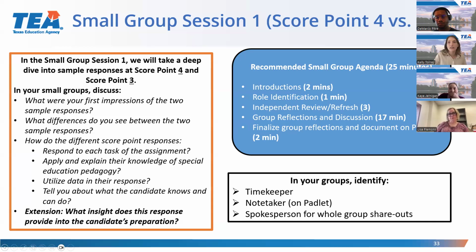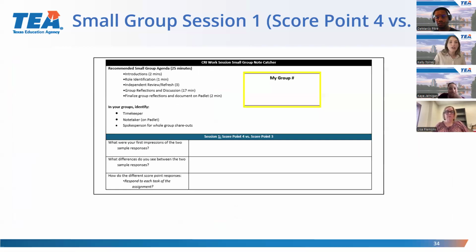All right. Again, on your participants guide, you do have the agenda here for you. So I know that was in the slide, but you have it for your reference here, sort of recommended time. So do spend, maybe after you introduce yourself and identify those roles, 2 to 3 minutes refreshing your review of the sample response 4 and 3, just a few minutes doing that independent review, and then the bulk of your time will be your group reflection and discussion.